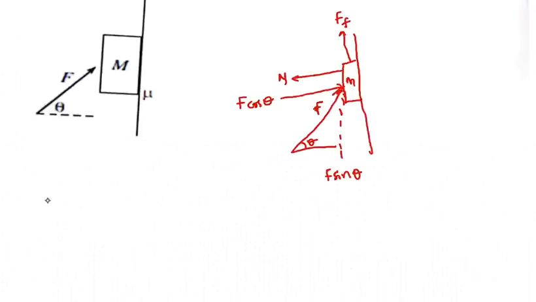Let's solve this. For the x component, we'll have N equal to F cos theta.